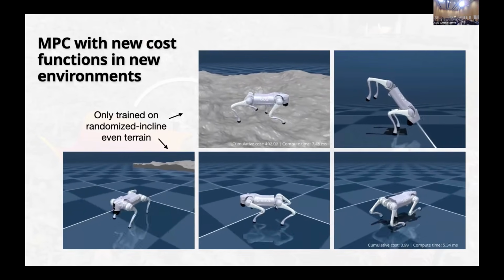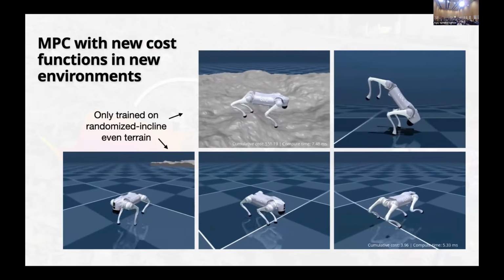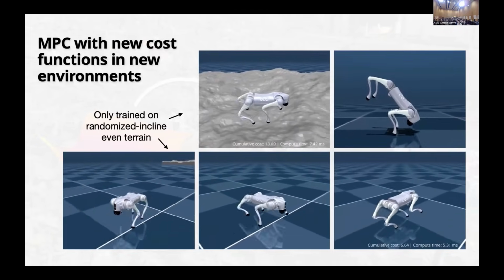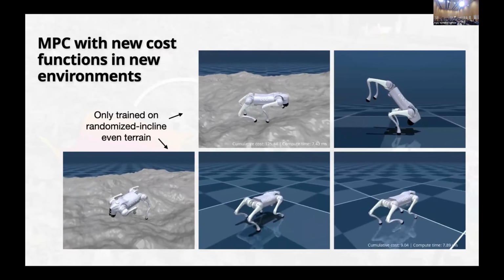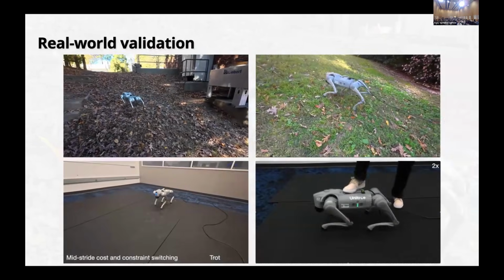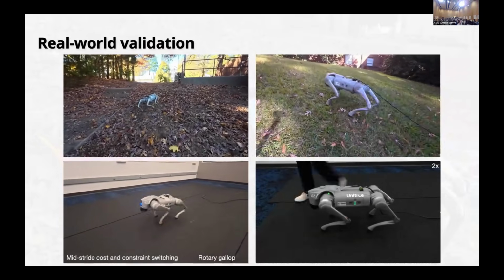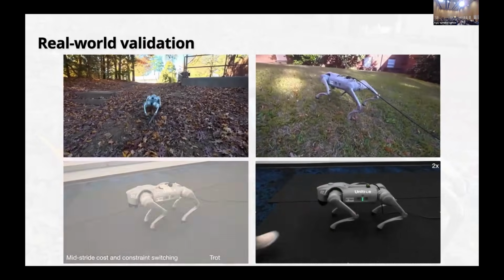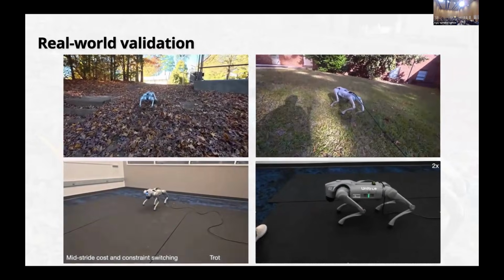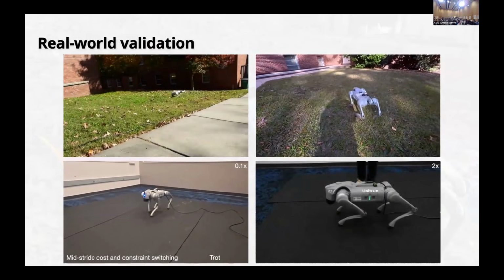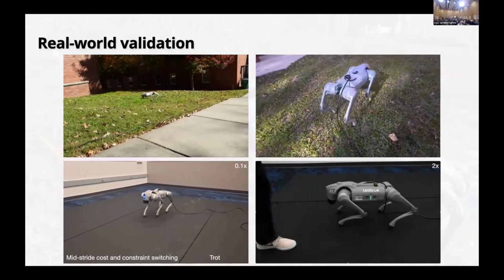With these smooth neural surrogates, we were able to do a bunch of different behaviors with different cost functions in different environments. And of course, we validated most of these behaviors in the real world and saw pretty good performance overall, again trotting over varied terrain.